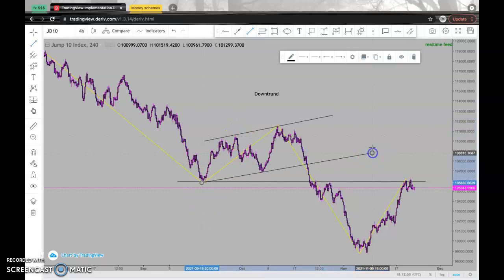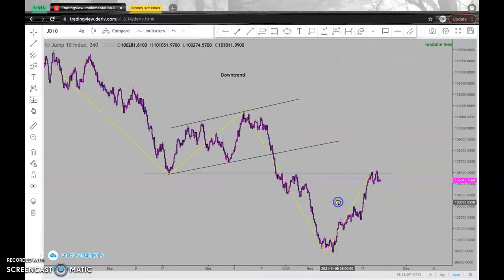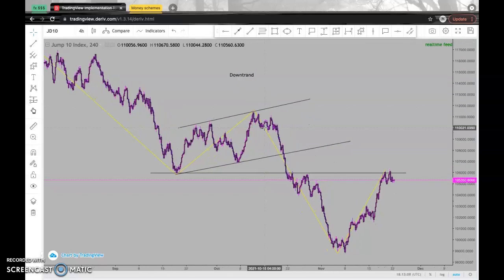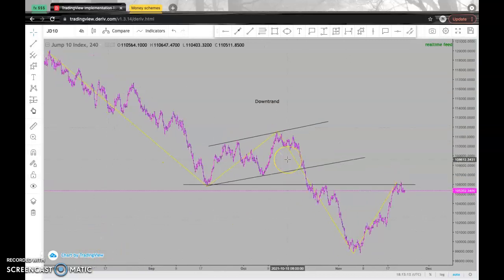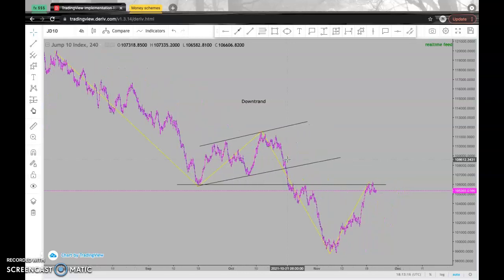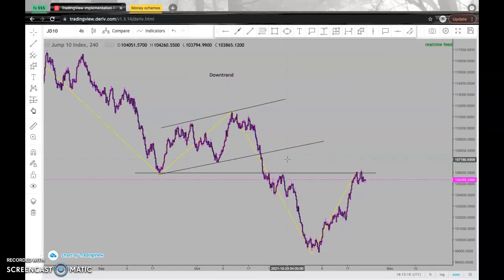All right, cool. Another impulse, pullback. So, when drawing trend lines, trend lines are subjective to a person's personal trading style. So we will always pick market structure over trend lines any day, because trend lines can be invalid and manipulated.